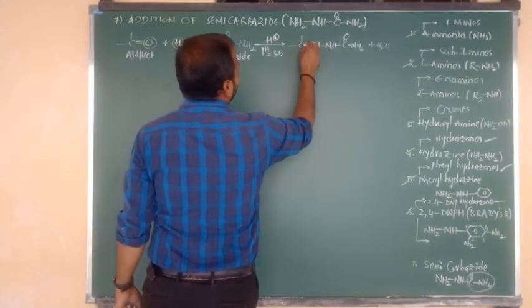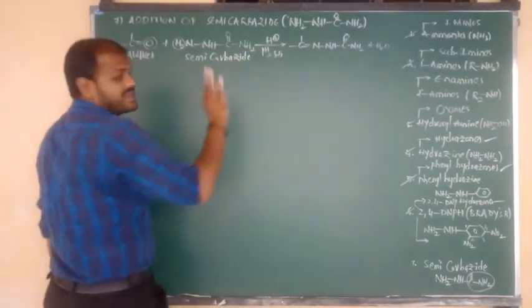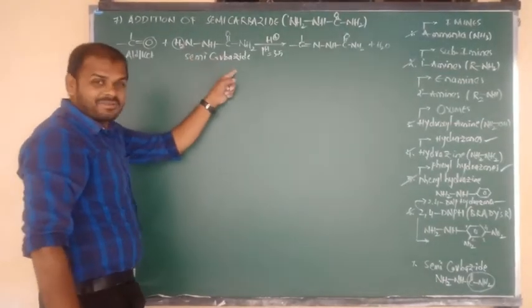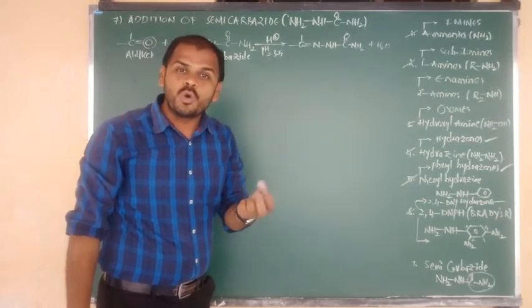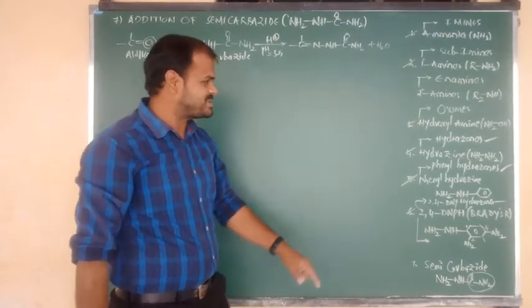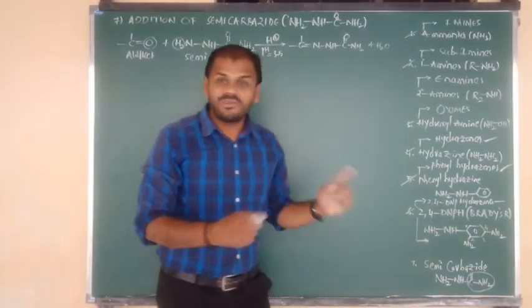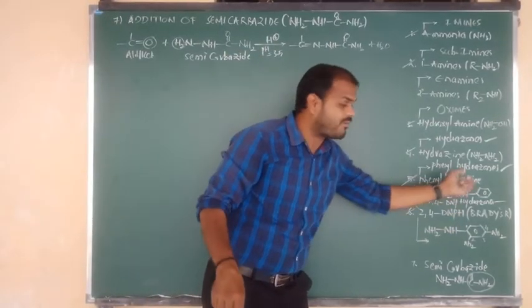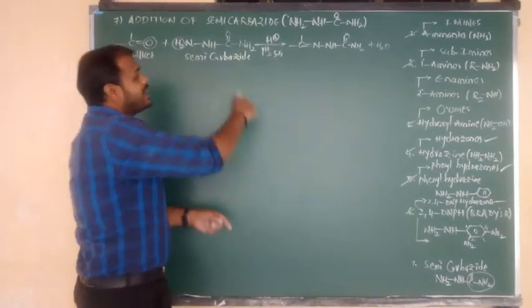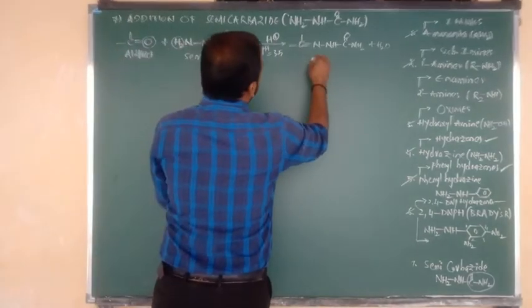So this is your final product coming from the semicarbazide. So semicarbazide is converted into the product semicarbazone. Hydrazine to hydrazone, phenylhydrazine to phenylhydrazone, 2,4 dinitrophenylhydrazine to 2,4 dinitrophenylhydrazone, and semicarbazide to semicarbazone.